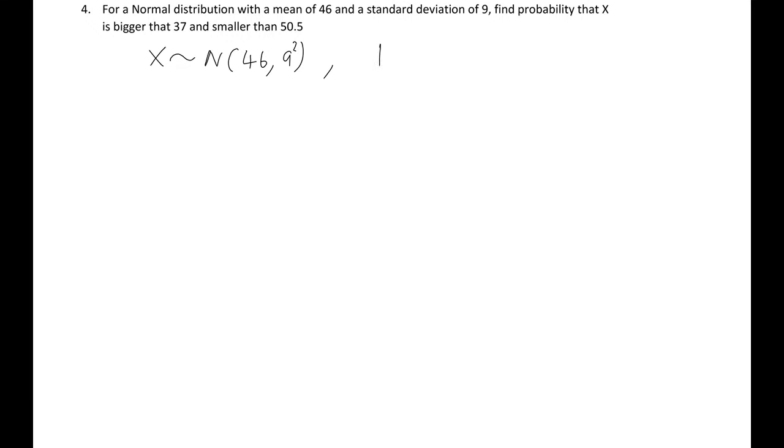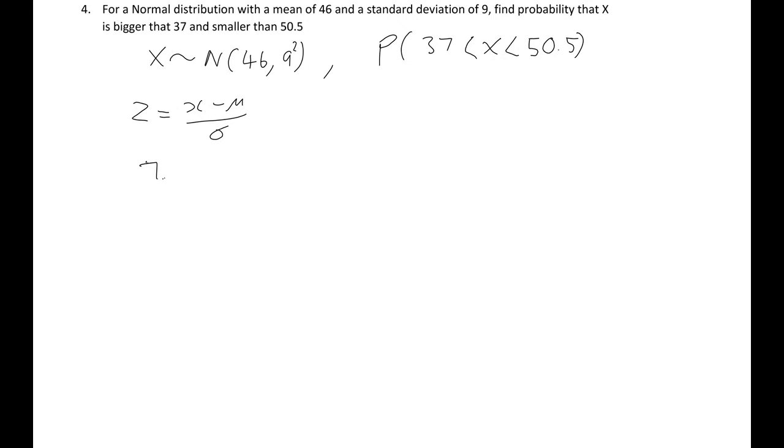And we want the probability that X is smaller than 50.5 and bigger than 37. Okay, first thing we're going to do is convert these over to Z. So Z equals X minus mu over sigma.